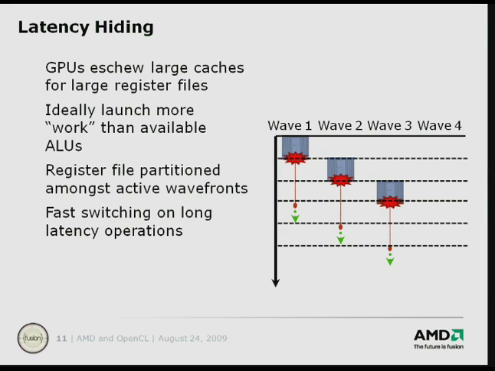Hopefully if I'm able to fit 4 waves on my machine, I've done enough ALU load that I've now covered all the latency, so I can come back to executing wave 1. And I've kept the ALUs busy the entire time. Right? So we can zero-cycle switch between threads on our architecture. As long as I have math to do, I can cover all the memory latency in the system, as well as branch penalties and anything else. So more math is good.